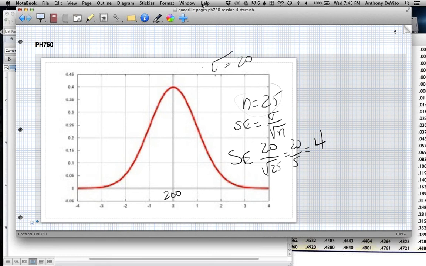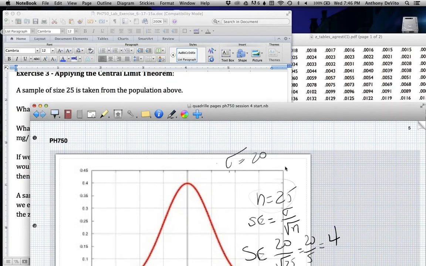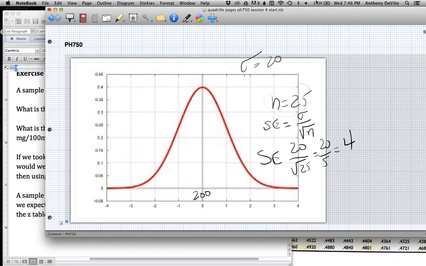First of all, what's the likelihood that if we take a sample of 25 from that population, the result is below 200? 50%, right? Because half of it's going to be below 200. Likelihood it's above 200 is also 50%. But now let's take a look at that specific example: the likelihood that it's above 204.